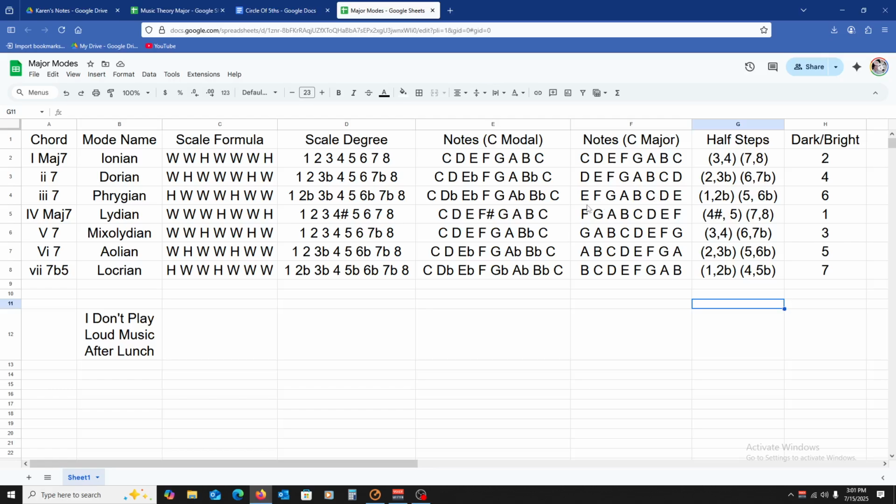So if you're in a jazz trio or something along those lines, these modes might give you an indication of when you can play certain notes over what chords. So if you're in the key of C, for instance, and you're playing an F chord, well, playing an F, G, A, B is going to give you a Lydian sound over that F major chord, right?